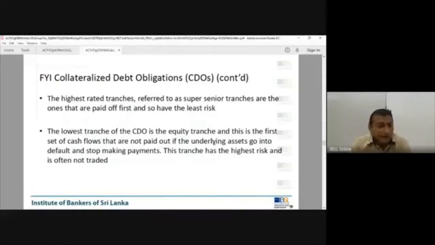Best credit quality, yes, you have a priority in terms of settlement, but your return is lower. Whereas lowest credit quality have a higher return, but often are not purchased by many simply because of the risk involved. So you see how much the innovation has crept into these arrangements.